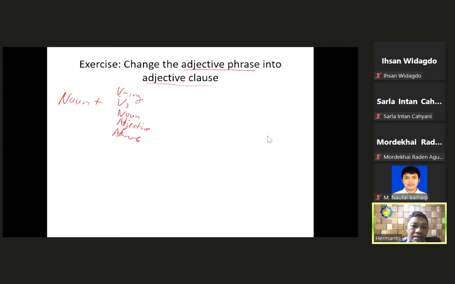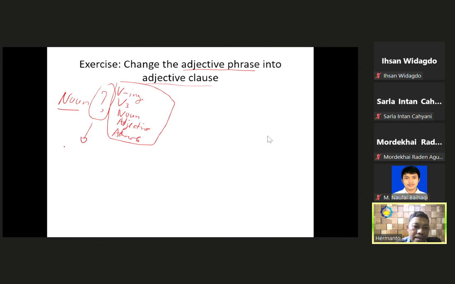Noun, verb ing; noun, verb 3; noun, adjective; noun, adverb. If you find this order, there must be something missing between the noun and these 5 words. What is missing here?